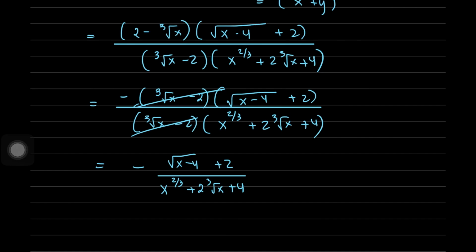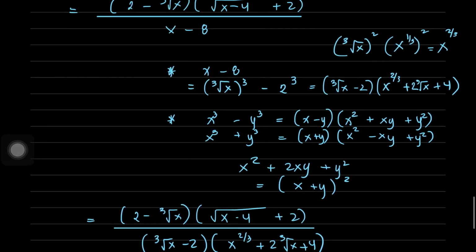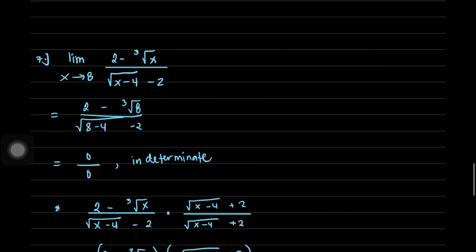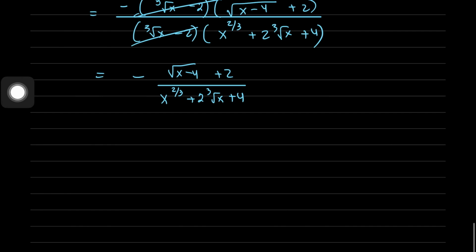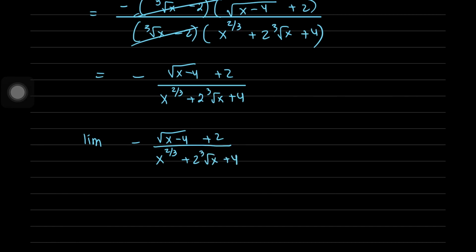And if we're going to insert the limit function here, as x approaches 8, this is now equal to the limit of negative square root of x minus 4 plus 2 all over x raised to 2 over 3 plus 2 cube root of x plus 4 as x approaches 8.